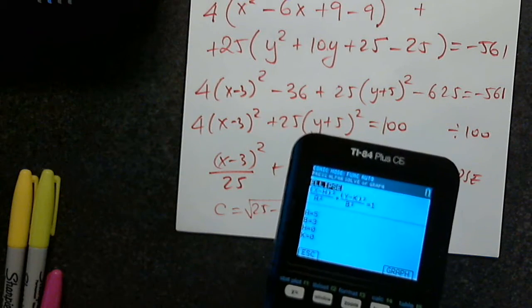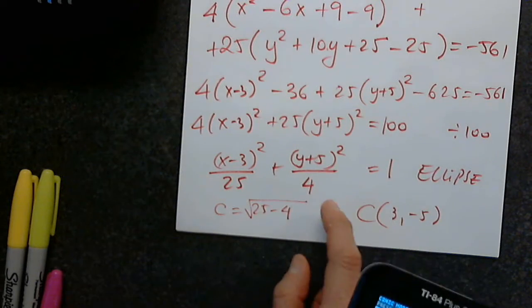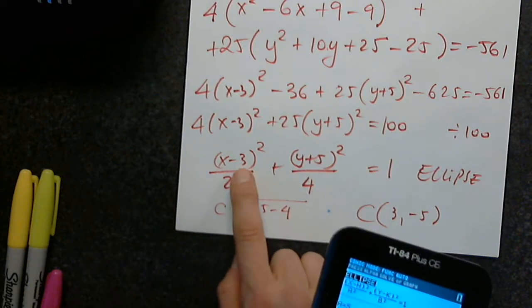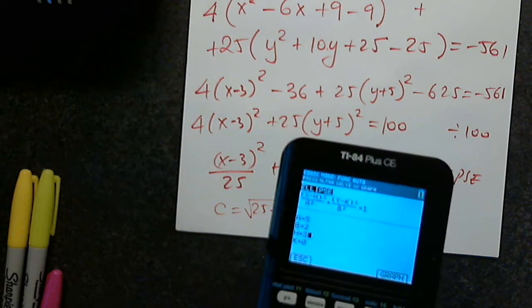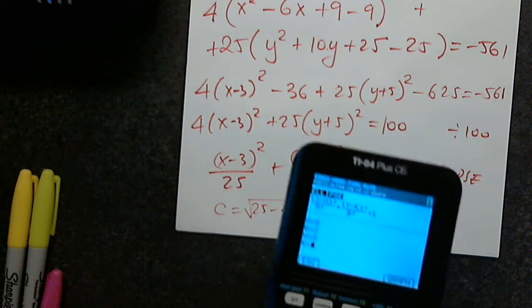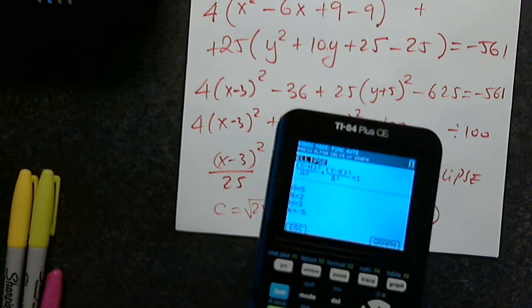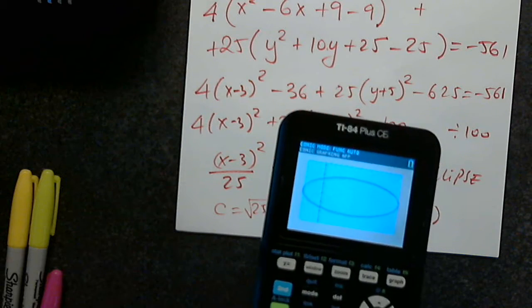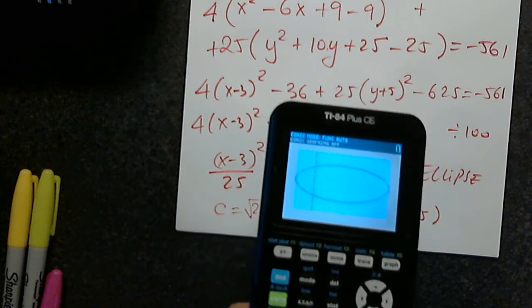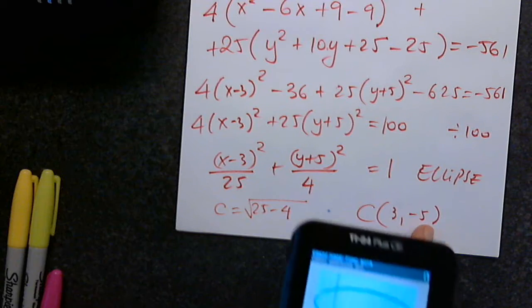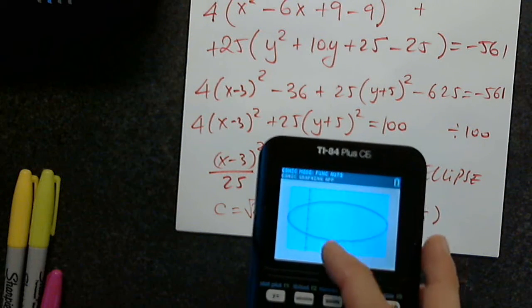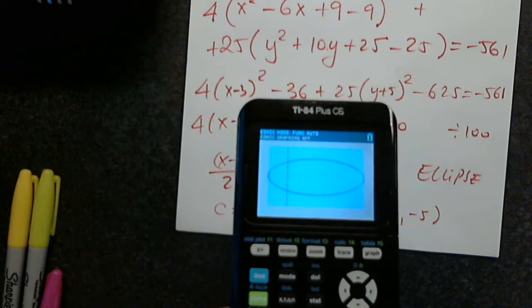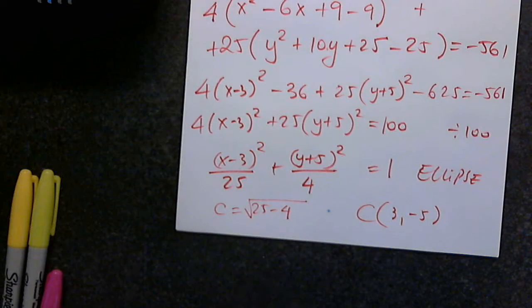B is 2, and then H is 3, and then K is negative 5. And I graph. As you see, 3 to the right and 5 down is the center. Any questions?